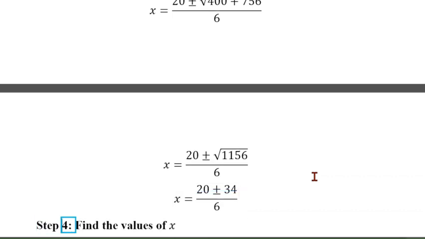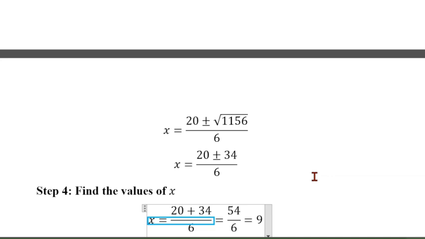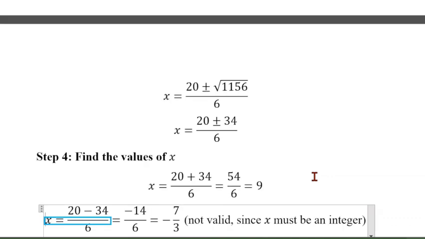Step 4. Find the values of x. x = (20 + 34) / 6 = 54/6 = 9. x = (20 − 34) / 6 = −14/6 = −7/3 (not valid since x must be an integer).